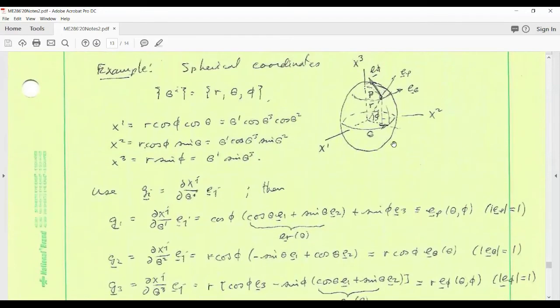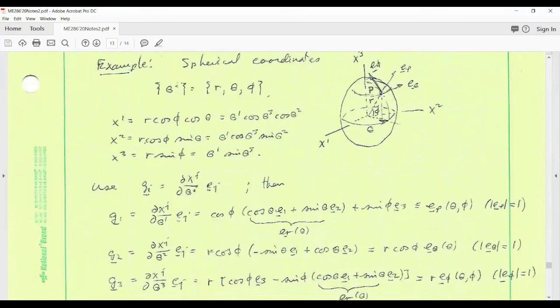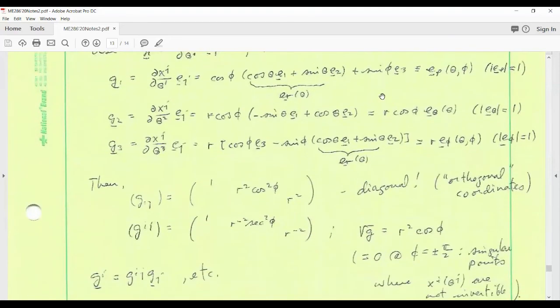The result is r times a unit vector E phi, which points from any point on the globe to the North Pole, right? Unit vector. So this, again, G3 is not a unit vector.